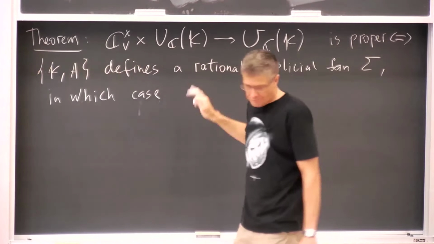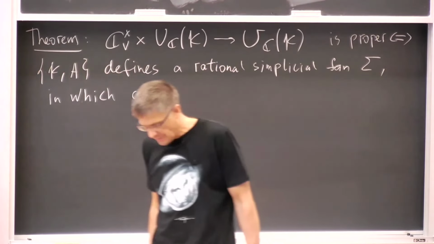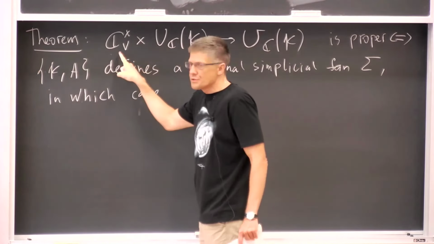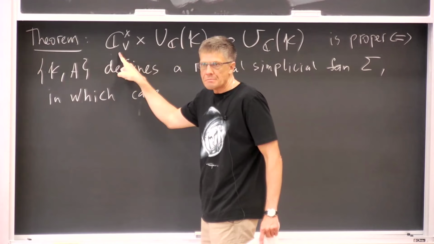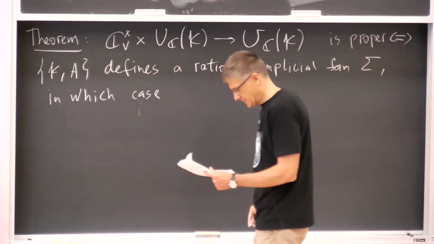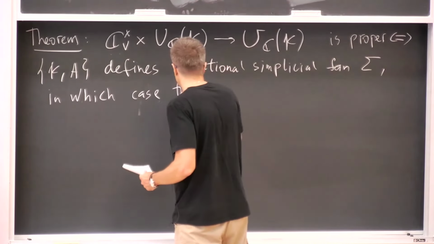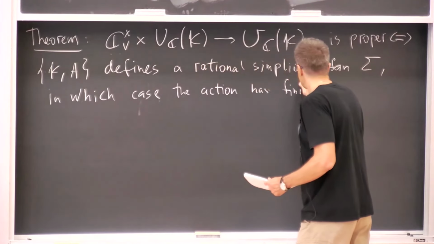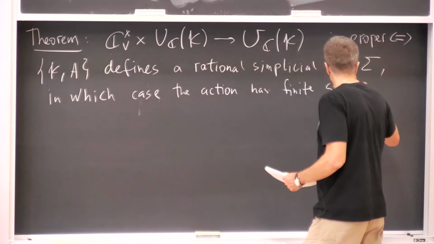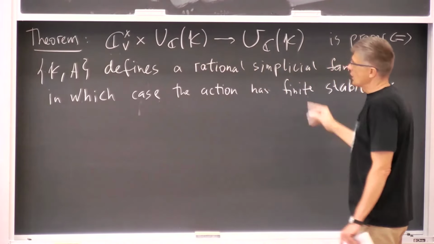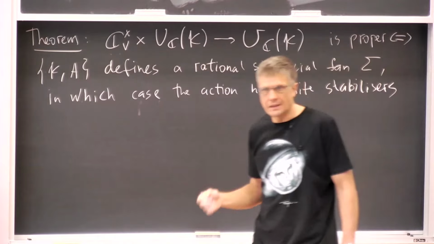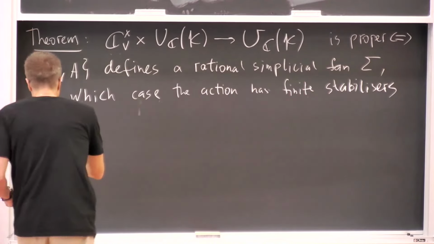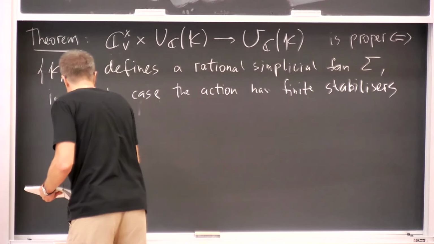In which case, in the real and holomorphic case it was actually free, but this time you also have that compact torus factor, so it may have finite stabilizers. It's almost free. So the quotient is an algebraic orbifold, which is known as a toric variety.